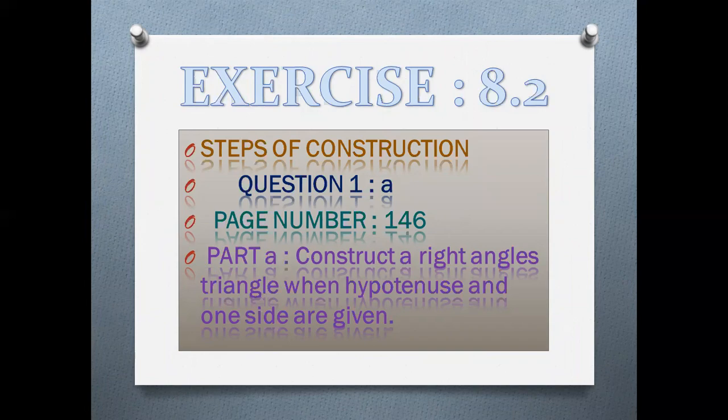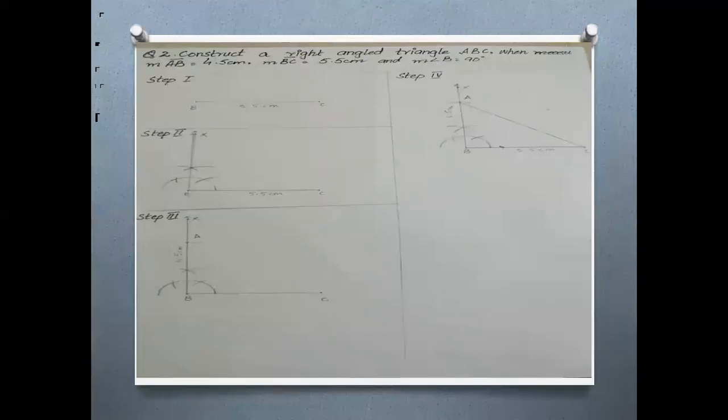Now come to the construction of question 2. This is also a right angle triangle, but in this question, the base, angle, and perpendicular are given. So we are bound to do the question with the same measurements and on the same lines.